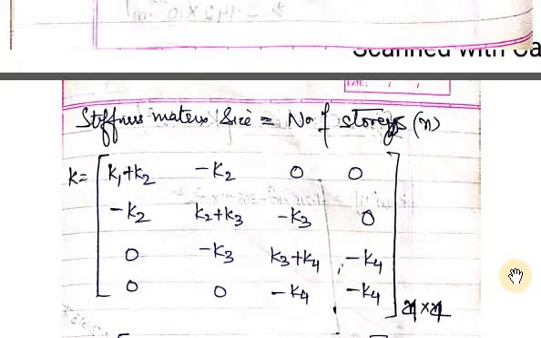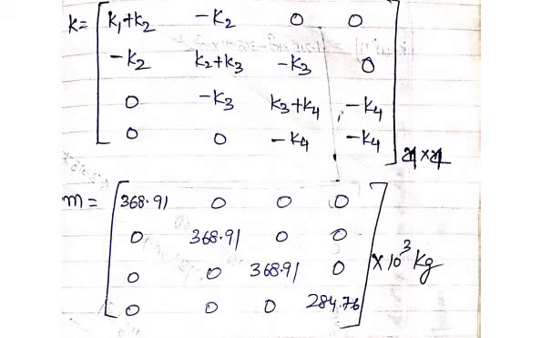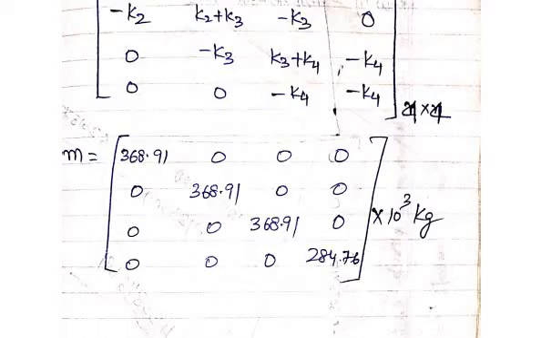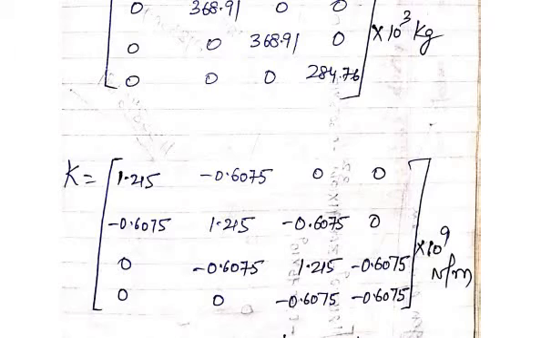You have already done this in dynamics. Then we will fill in the values that we have calculated in the earlier steps in the matrices, this way for the mass matrix and this way for the stiffness matrix.